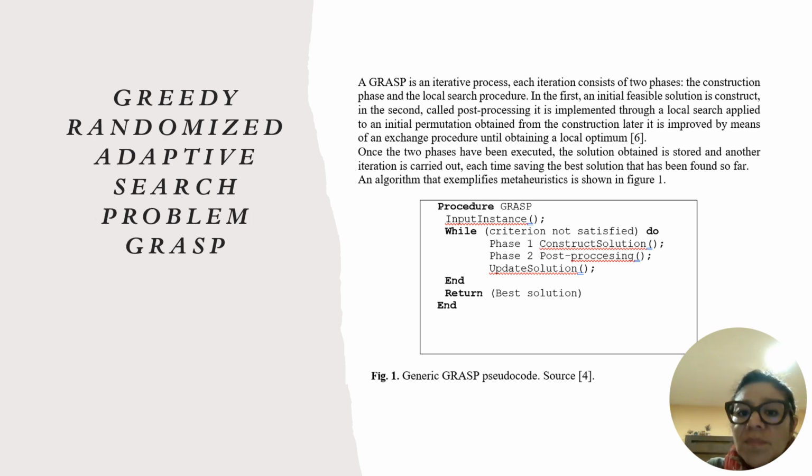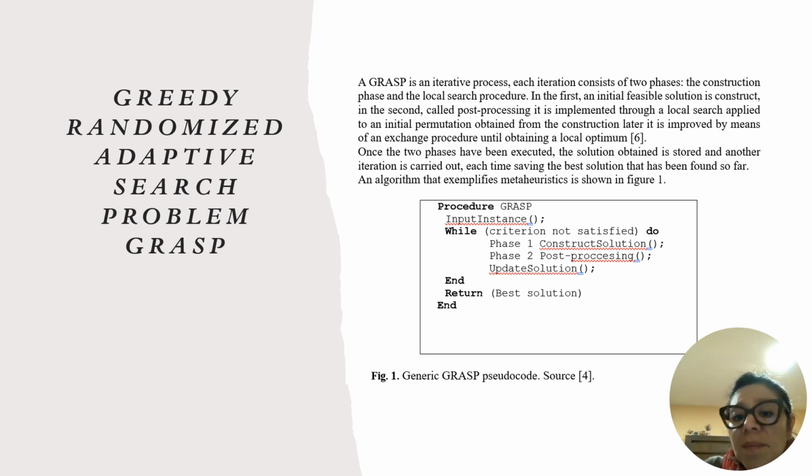In the second, which we call post-processing, a local search is applied to an initial permutation obtained from the construction. Later, it is improved by means of a change procedure until a local optimum is obtained. Once the two phases have been executed, the solution obtained is stored and another iteration is carried out, each time saving the best solution that has been found so far.